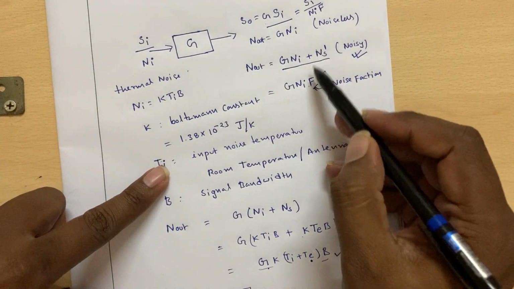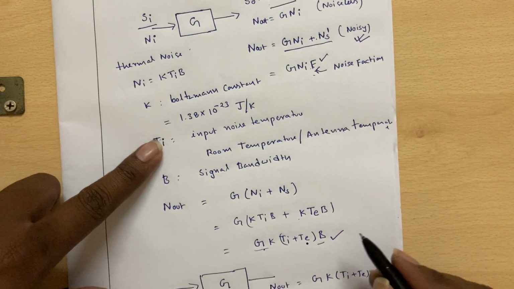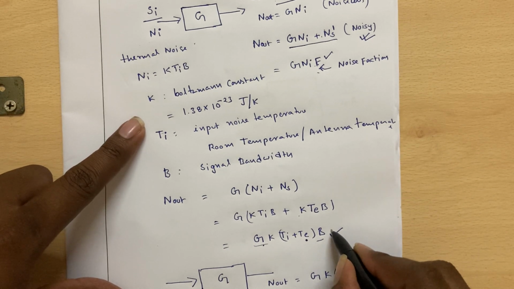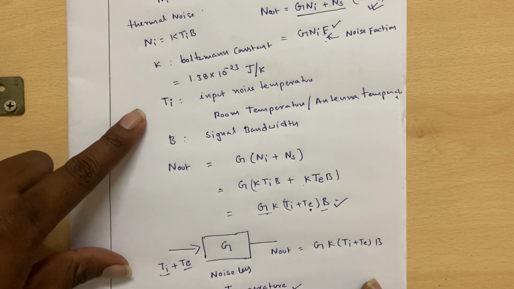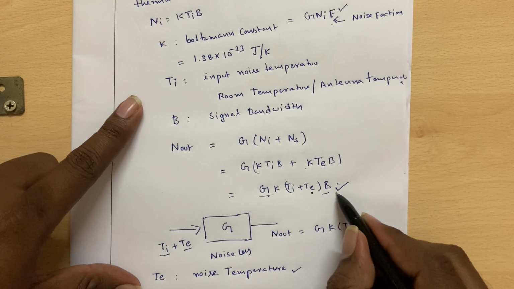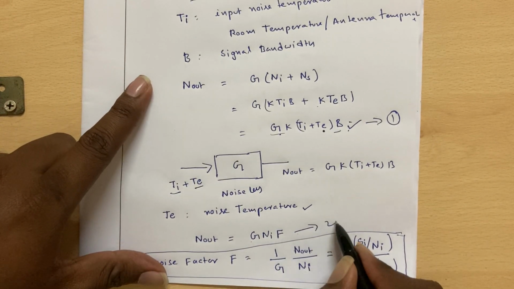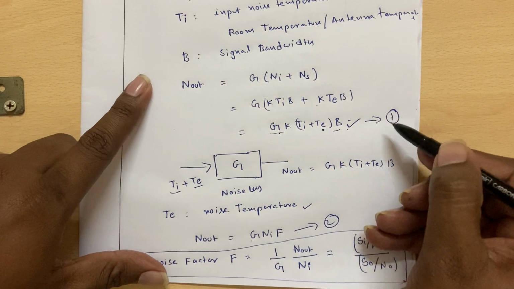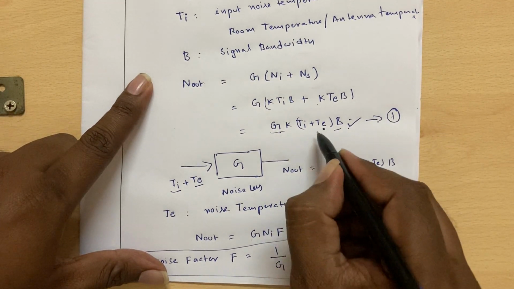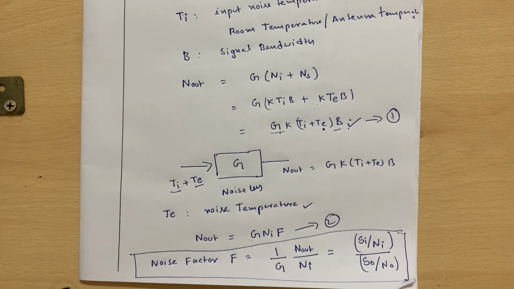So we equate 1 and 2 just to find out the relationship between F and T. Means if you know the noise temperature of a block, you can find its noise factor, and vice versa.